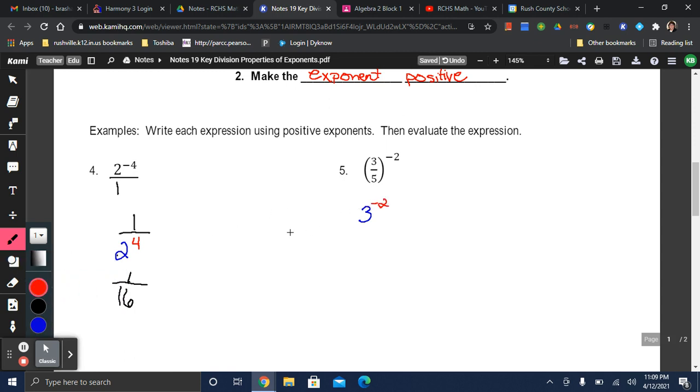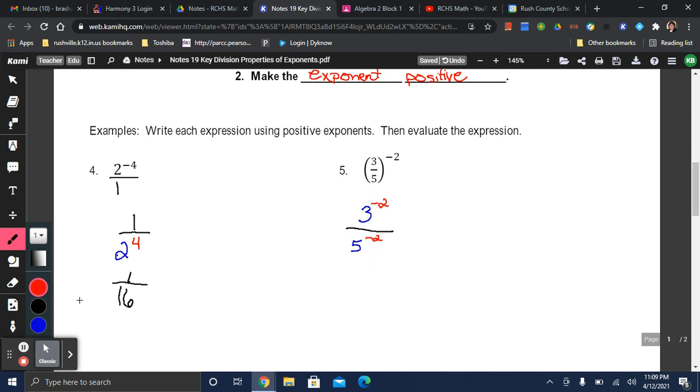This is like last time's lesson. And in the denominator, the 5 base will also be affected by the negative 2. So the negative 2 power distributes to both of these factors inside the parentheses.